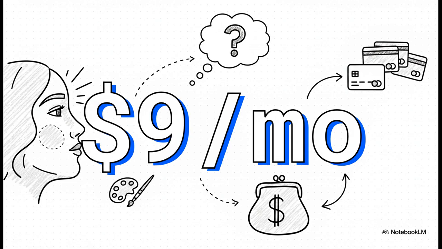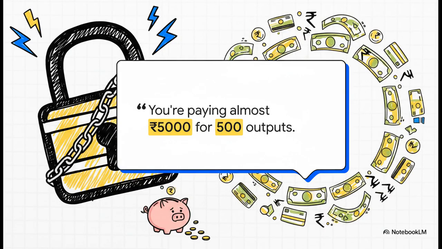The second you need more, yep, you've got to open up that wallet all over again. And this is where it really starts to sting. To get the professional quality you actually need, they force you to upgrade. And all of a sudden, you're looking at paying nearly 5,000 rupees for just 500 images. You're completely trapped in this paper image cycle, and there's just no end in sight.